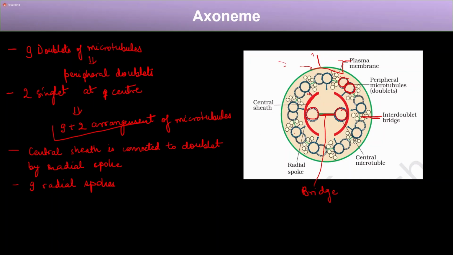So this is the overall structure of the axoneme, and it is present in both cilia and flagella. The second important thing is that the microtubule arrangement is 9 plus 2.